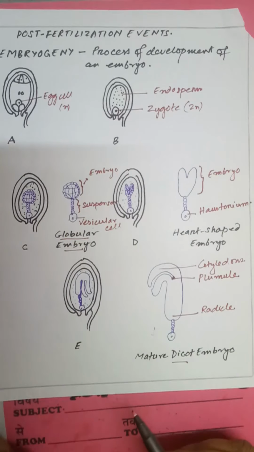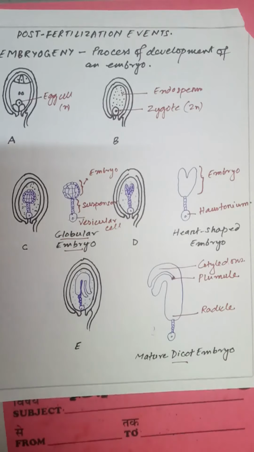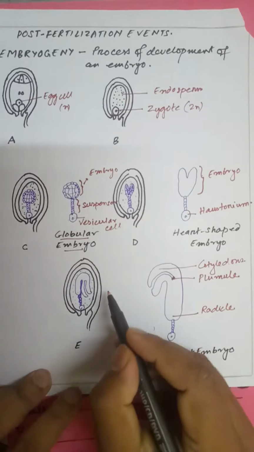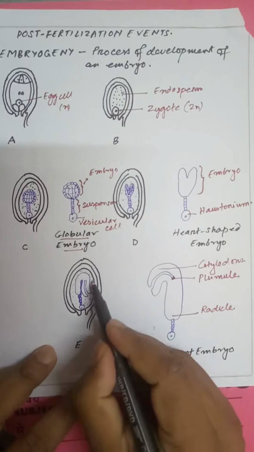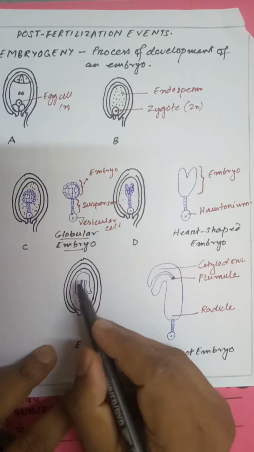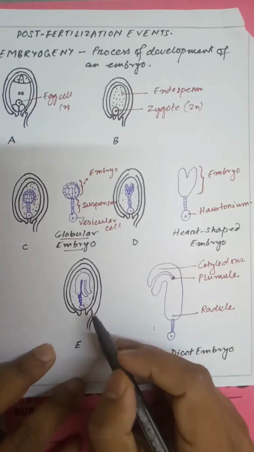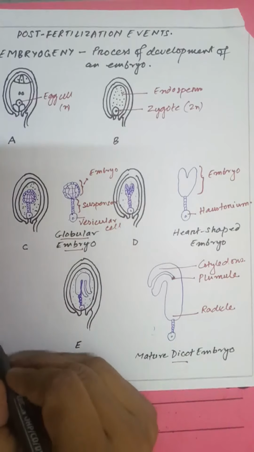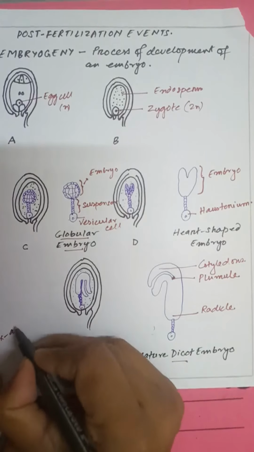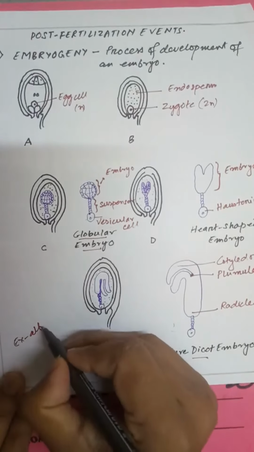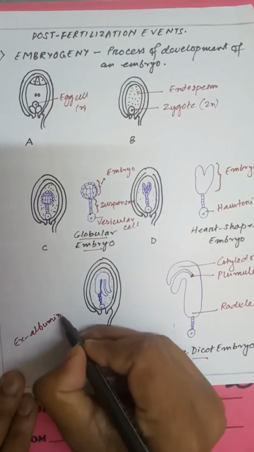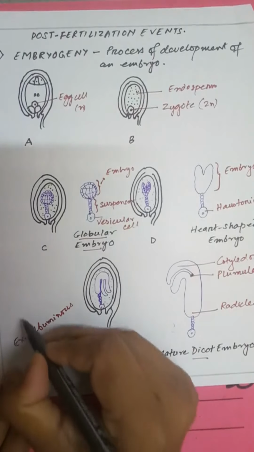Now, in some cases, as the embryo develops, it uses up the food-laden endosperm. In such cases, endosperm is not present within the seeds. Those are called ex-albuminous seeds.